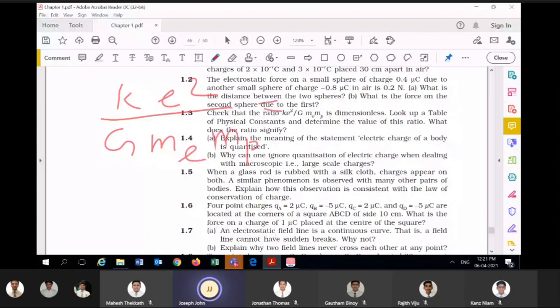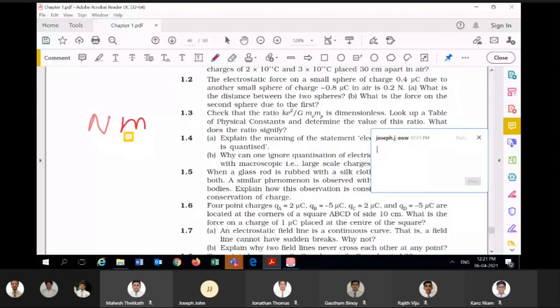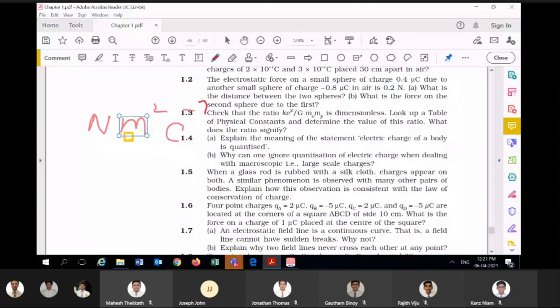What is the dimension of K? Just now you learned it, Nm squared C minus 2, can you check it? Into what is the unit of E? C squared.